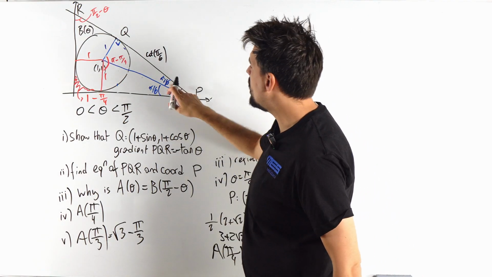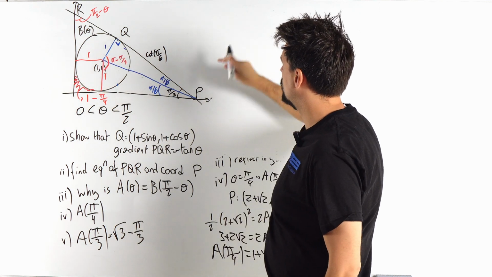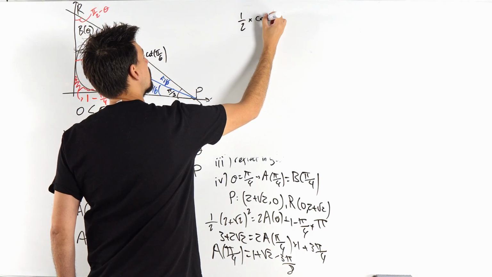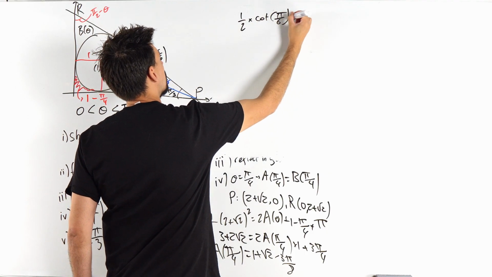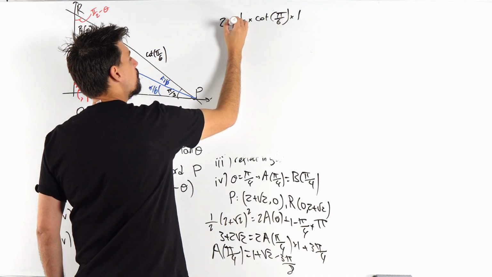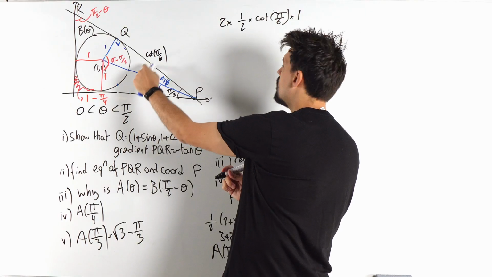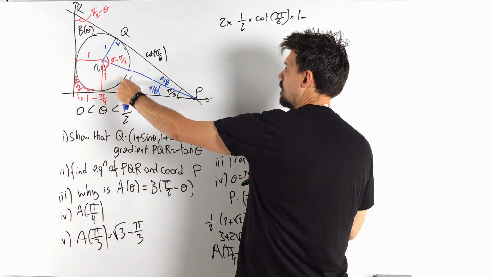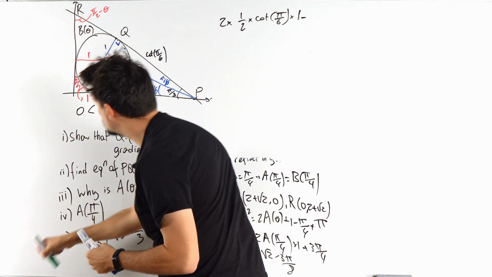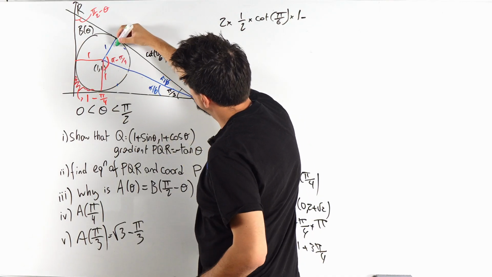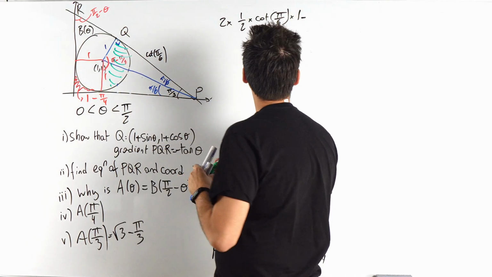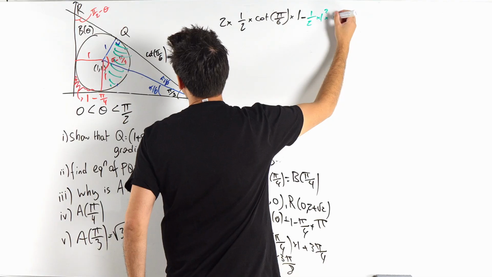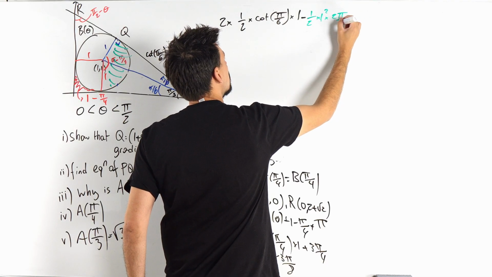So what are we going to do? We're going to find the area of the triangle. So the area of the triangle is 1/2 base times height, and there are 2 of them. We've got 2 right angle triangles. We are going to take away the sector, 1/2 r squared theta, 1/2 r squared, and pi minus pi over 3 is 2 pi over 3.